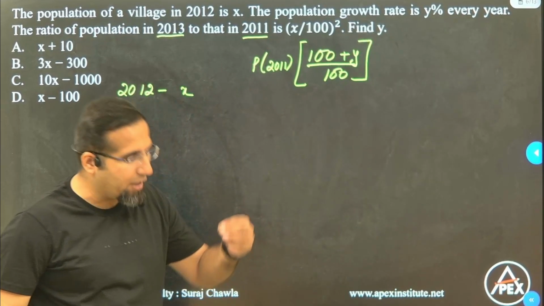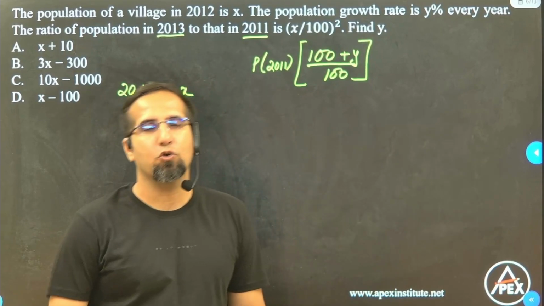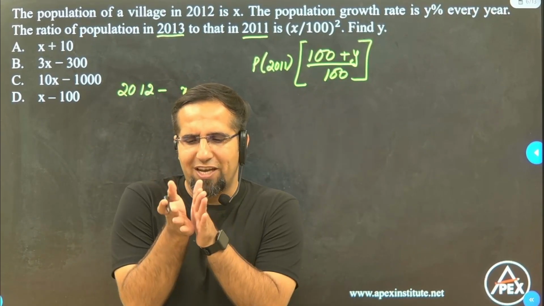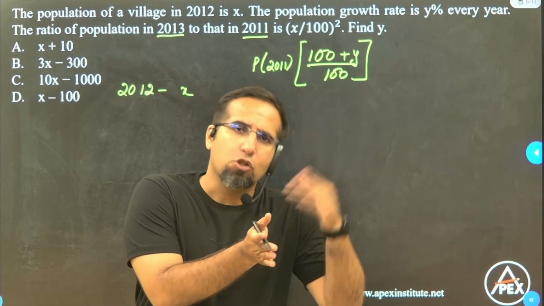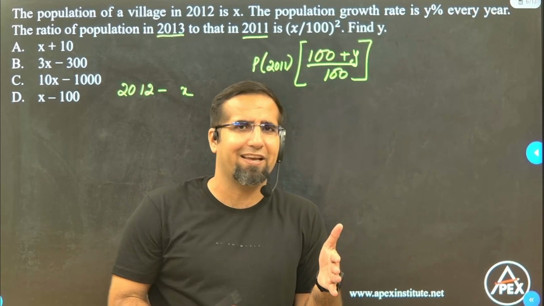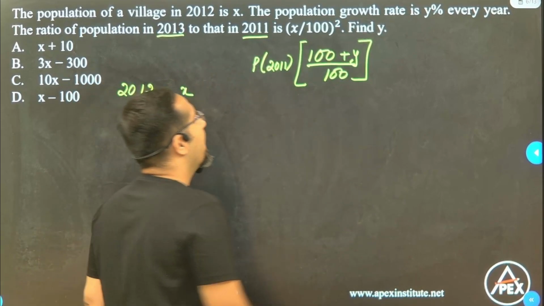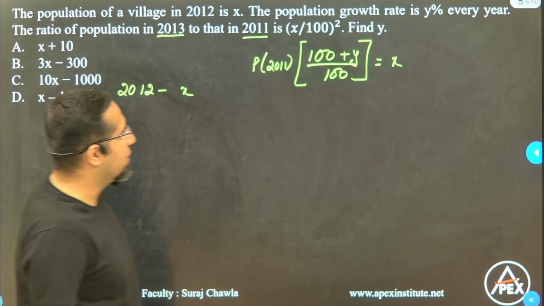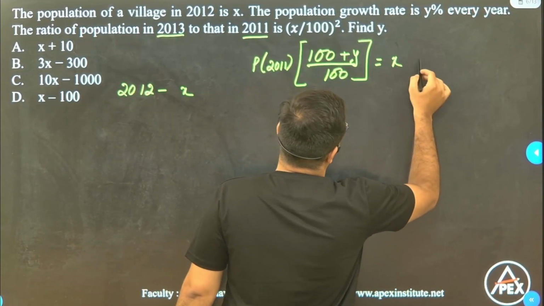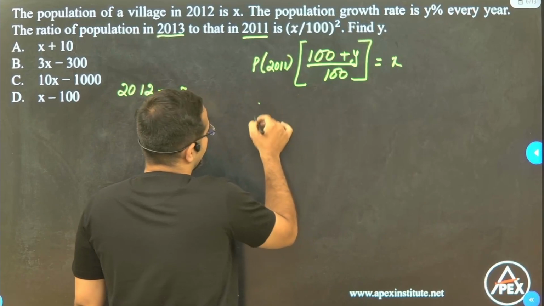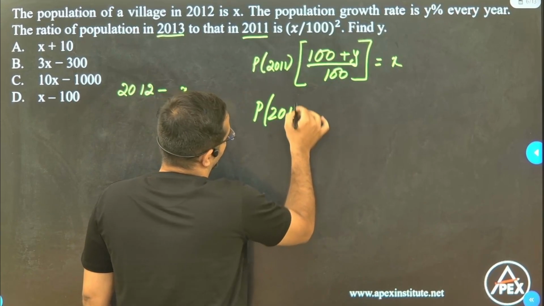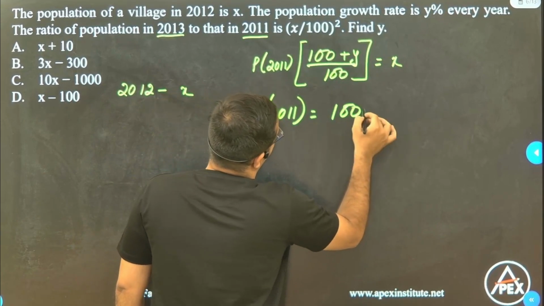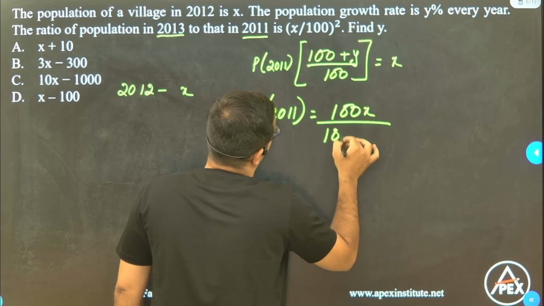Remember, initial value into multiplying factor is equal to final value. So 2011 पे y% अगर ग्रो हुआ तो हमको पॉपुलेशन 2012 का मिलेगा एंड 2012 में पॉपुलेशन कितना था? x था. Clear? So from here I can say that population in 2011 is equal to 100x divided by 100 plus y.